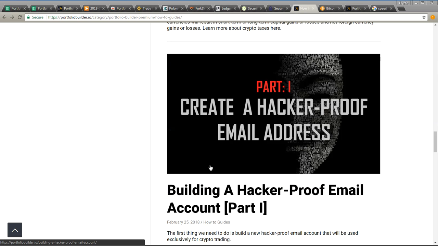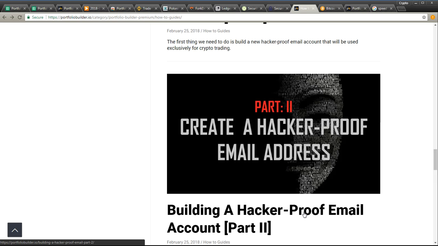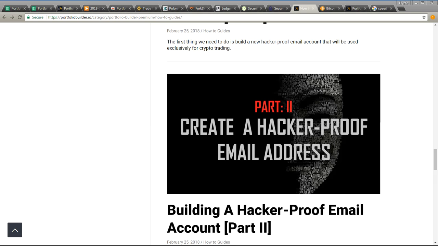And I actually have 2 extremely detailed tutorials, which are free, to learn how to set up the Gmail in the most secure way possible. And there's a lot of steps, there's a lot of advanced features that you probably don't know about that can make your Gmail literally hacker-proof and have a secret code that you can type in the event of losing all your security devices to have a one-time reset.